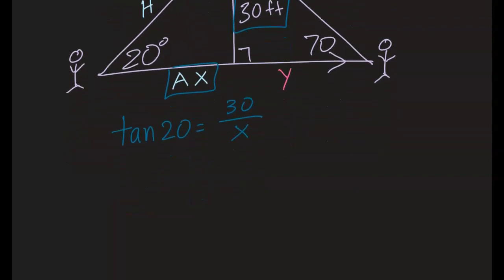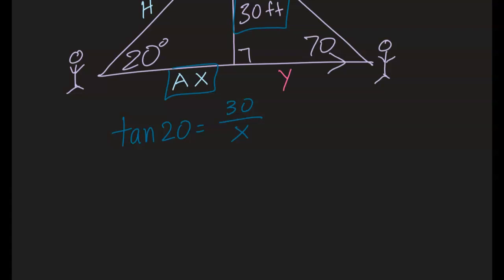What do I do here to solve for x? Yeah, you switch and divide, I used to call it. You switch x being tangent of 20, or you can think of it in actual math terms: you multiply both sides by x, and then you divide by tangent of 20.